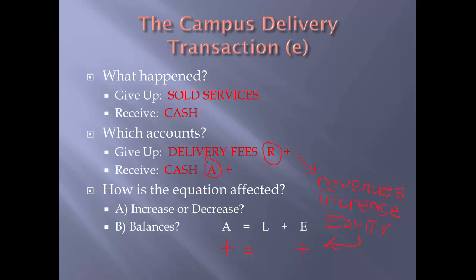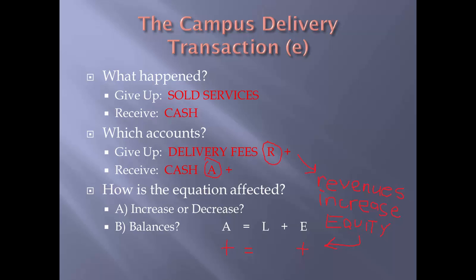Okay, so let's take a look at transaction E for the campus delivery. And here we sold some of our delivery services, and the customers gave us cash on the same day that we did the delivery services.